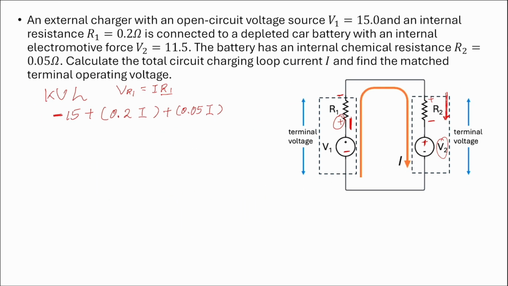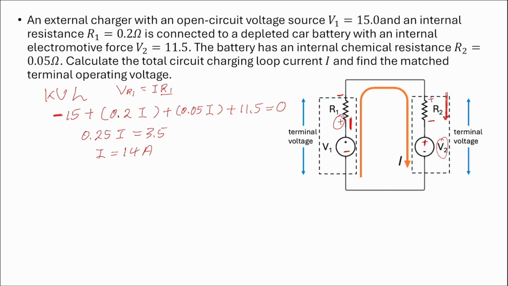So here we have to put positive 11.5, and this is KVL along this loop, and they must equal to 0. You simplify this one, you will get 0.25 I equal to 3.5, and I is equal to 14 ampere.